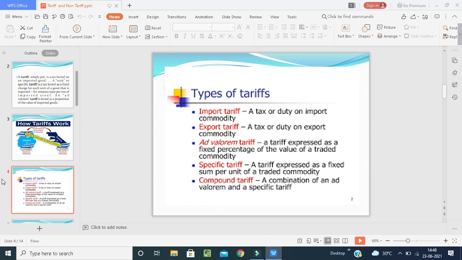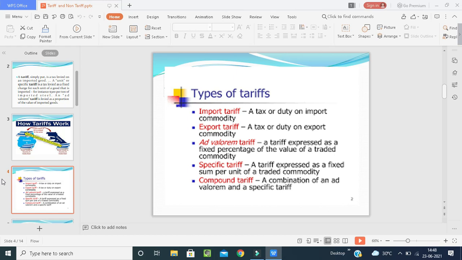Now, ad valorem tariff. It is a kind of tariff expressed as a fixed percentage of the value of a traded commodity. For example, for n number of goods, whatever the total price is, a fixed percentage of it is the amount known as the ad valorem tariff. Now, specific tariff is a tariff expressed as a fixed sum per unit.